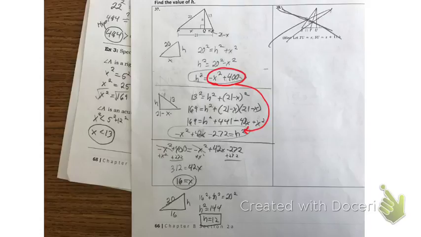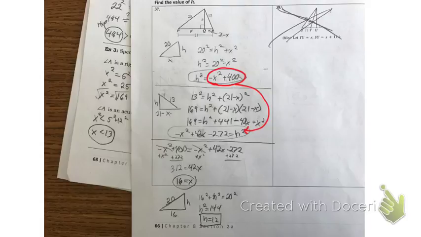That got me this formula down here where I have negative x squared plus 400 equals negative x squared plus 42x minus 272. The big goal here was I got rid of the h's so I can actually solve for a variable. And my negative x squared is going to cancel out because you would add x squared to both sides. We keep solving down. We come up with x equals 16.